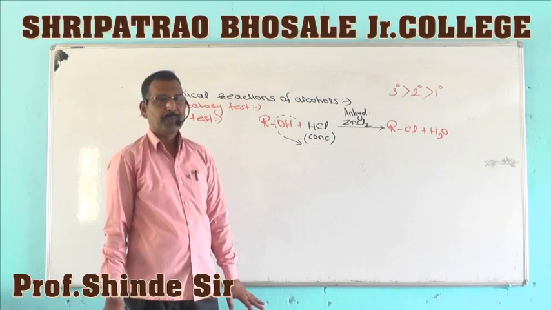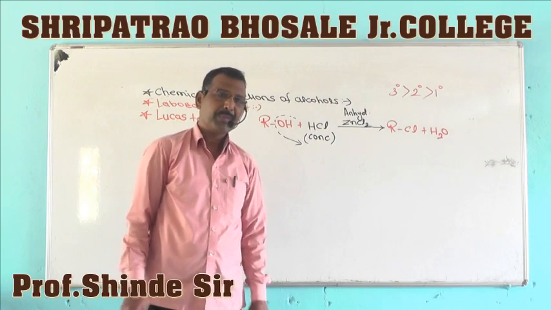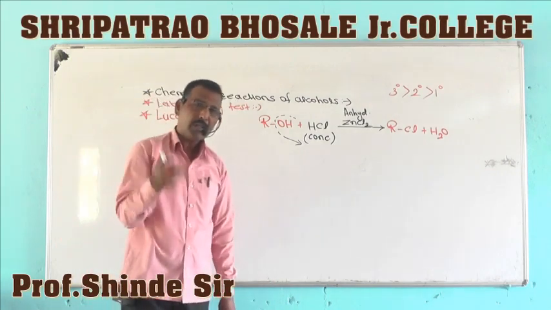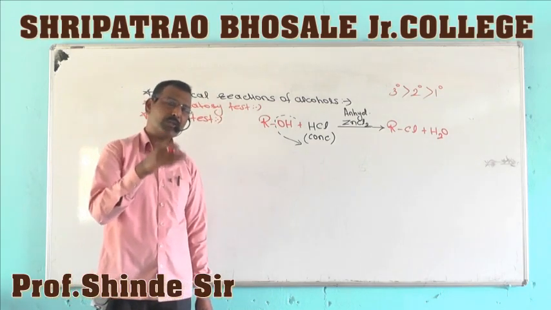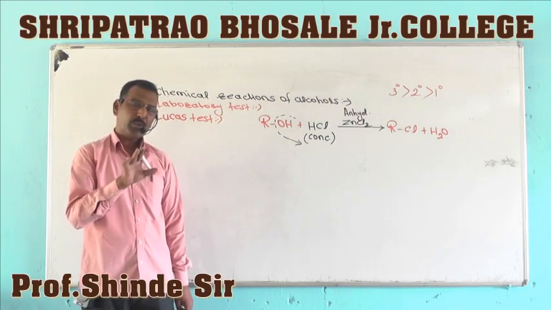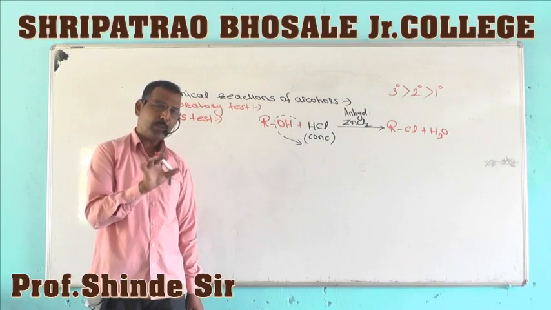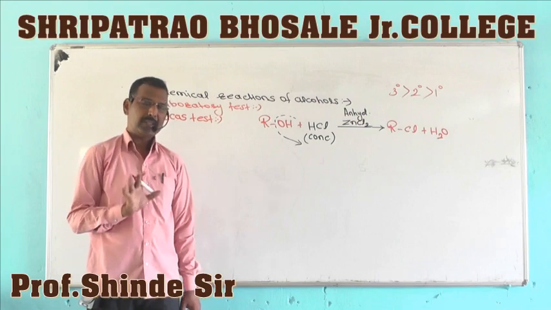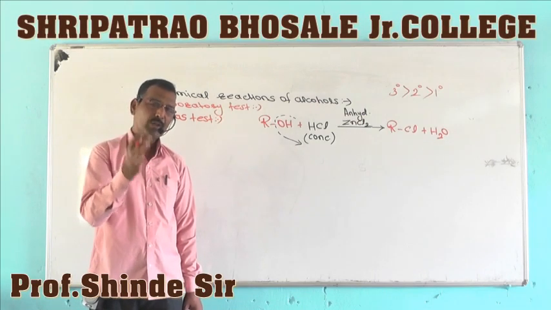Next, in the remaining 2 test tubes, what happens after certain intervals of time? In the test tube which contains secondary alcohol, slowly white turbidity appears, not immediately, but after certain intervals of time.